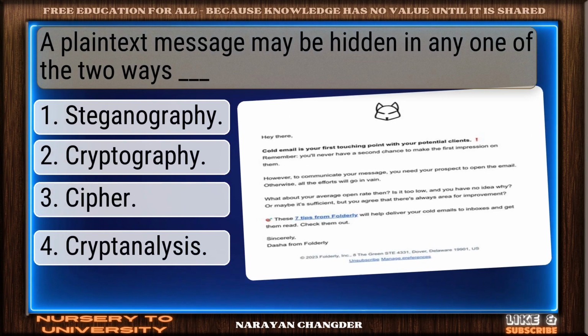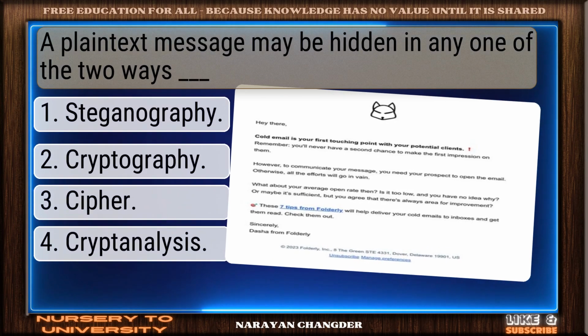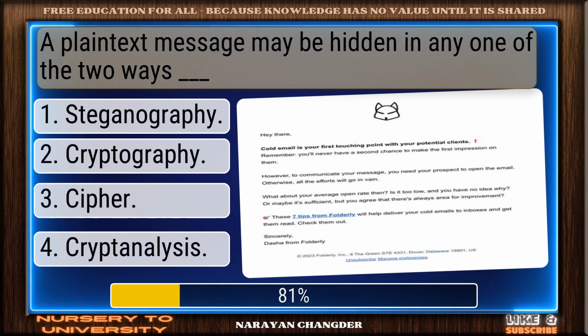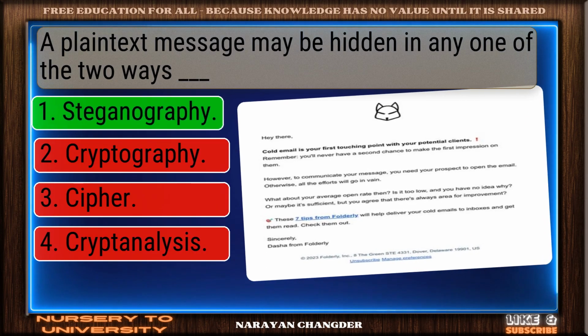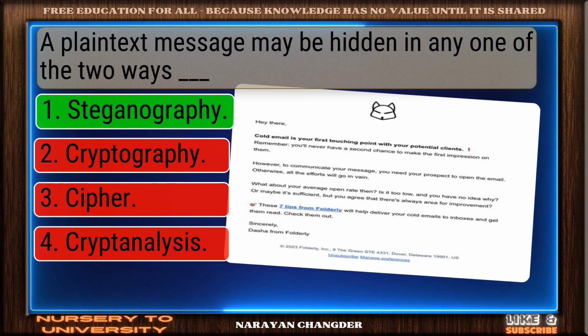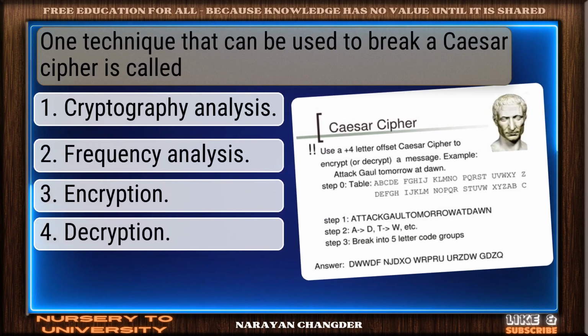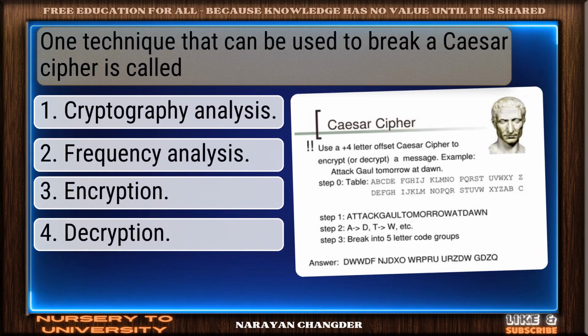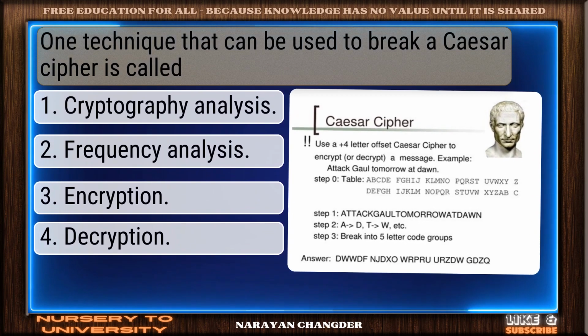Question number 16. A plaintext message may be hidden in any one of the two ways dash. Well picked. Steganography is the correct answer. Question number 17. One technique that can be used to break a Caesar cipher is called?